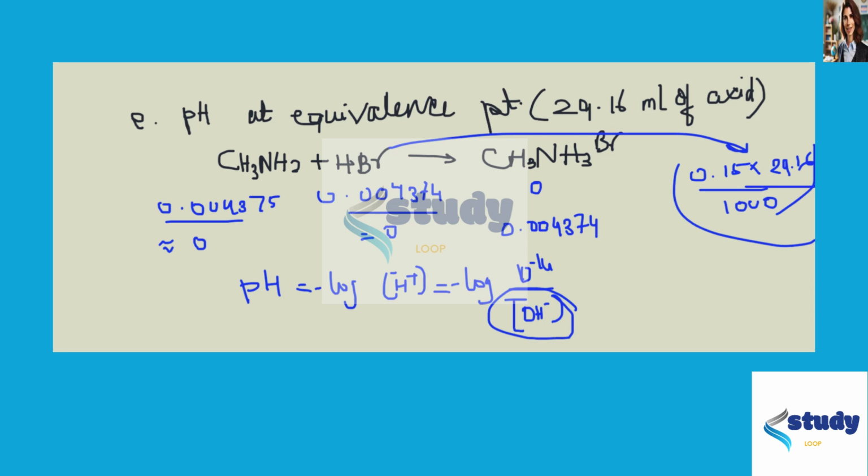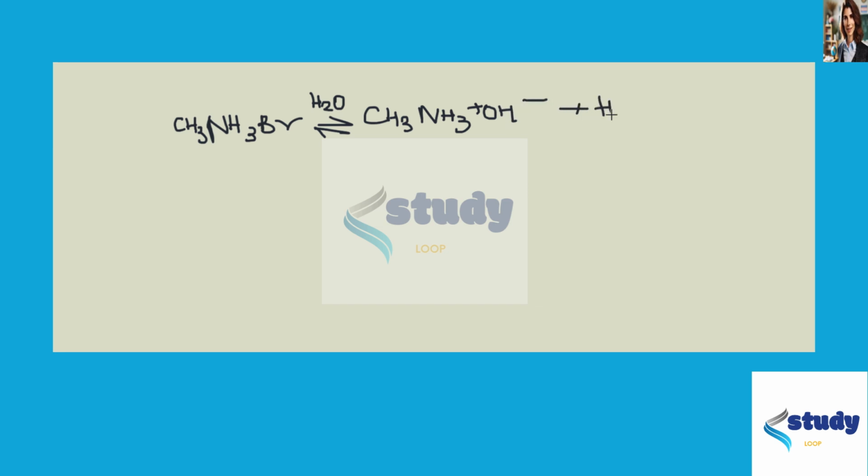So we're going to use a different method, and that method requires an understanding of the hydrolysis. CH3NH3+ in water solution will give you CH3NH2 plus H plus. You start with the concentration of C, nothing here, nothing here.